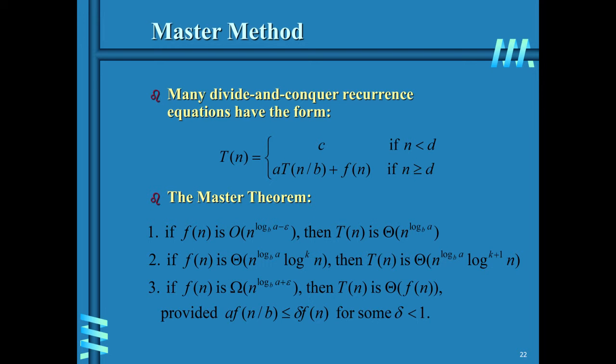This is based on one of the beautiful properties we discussed in asymptotic order, right? Okay, so if we see f(n) tightly bounded by n^(log_b a), in that case we'll see T(n) is equal to Θ(n^(log_b a) log^(k+1) n).